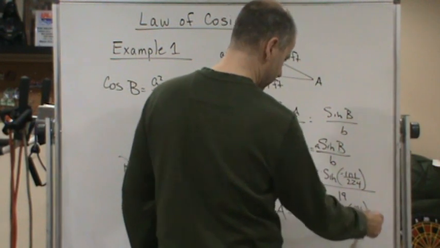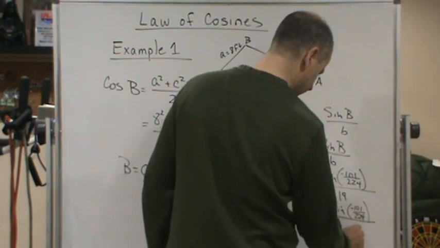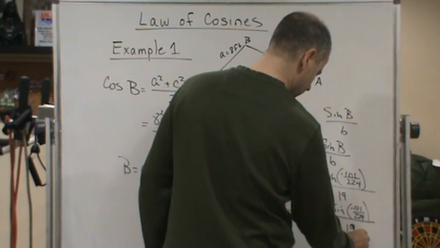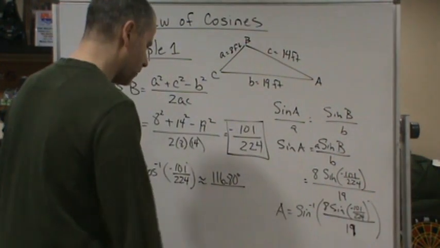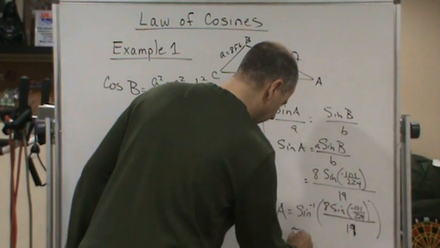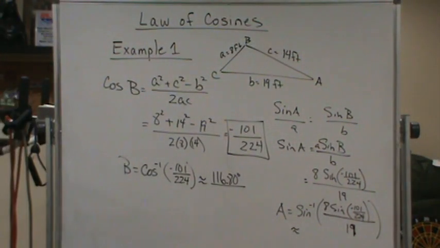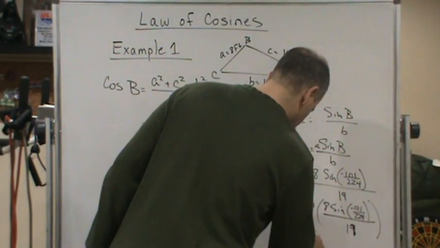Again, make sure you have enough parentheses and you're doing it correctly. And so A will be approximately equal to 22.08 degrees.